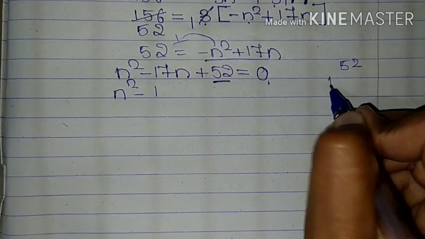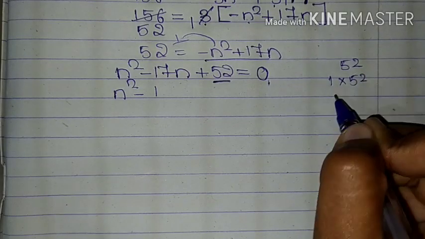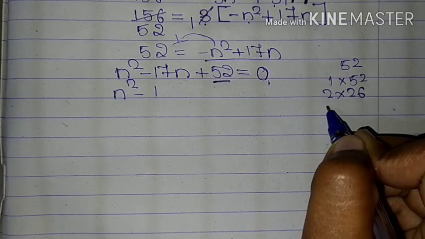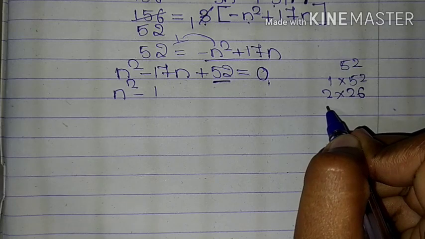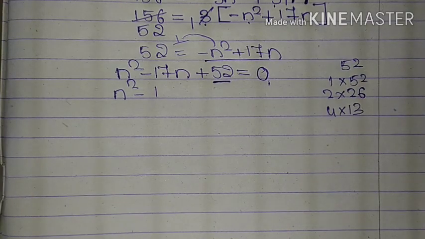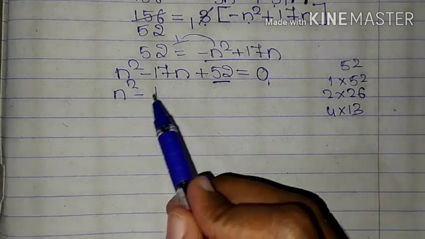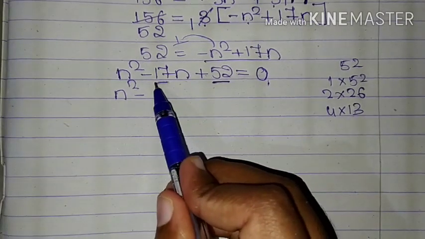The factors are 1 into 52, 2 into 26, it will not come in 3's table, and 4 into 13 are the factors of 52. Now, among these factors, the sum of which will be the value of the middle term?